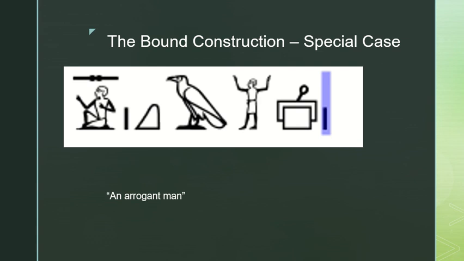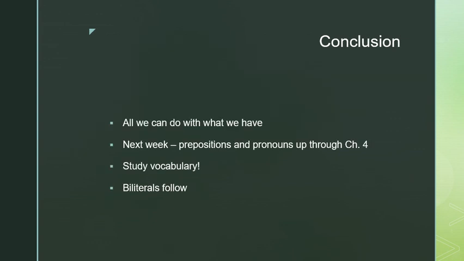It's not too hard to remember. Just looking at the words, you'll pretty quickly figure out what's going on. But important to note as a matter of grammar here. And that's all we can do with what we have, with just nouns and adjectives. Next week, we're doing the prepositions and the pronouns and the particles. This is exciting. It means we get our first sentences, because we can finally start putting words together in a meaningful way.